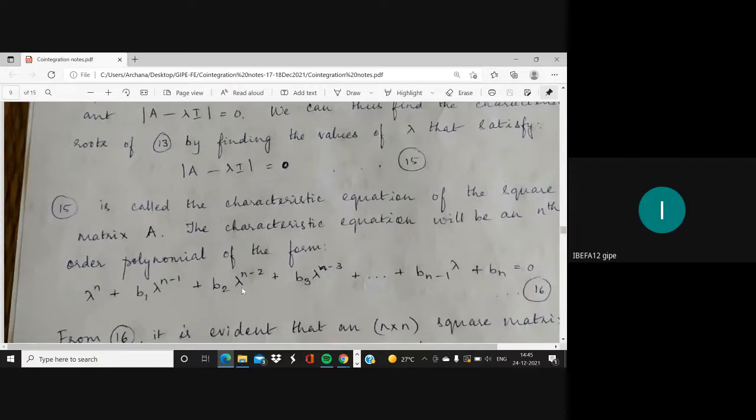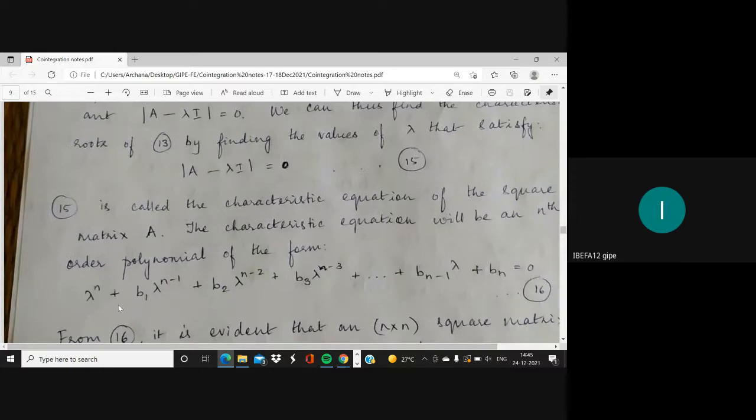Since it's an nth order polynomial, and you have a square matrix with the same number of rows and columns, for any square matrix you'll have n characteristic roots.